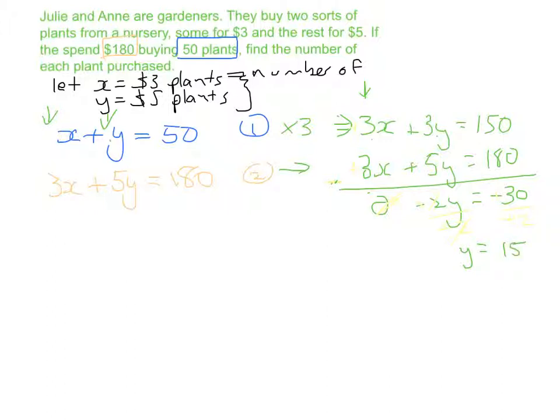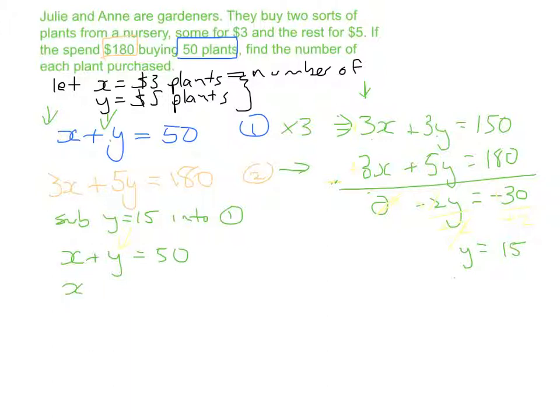Then what I want to do with that, y is equal to 15, I'll substitute that back into the first equation. So we'll sub y equals 15 into 1. So I'll write out the first equation here. We've got x plus y equals 50, but y is equal to 15, so that goes into there.